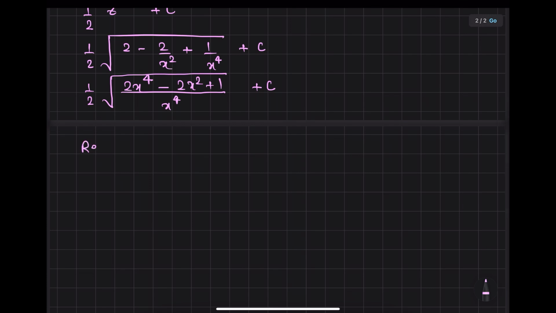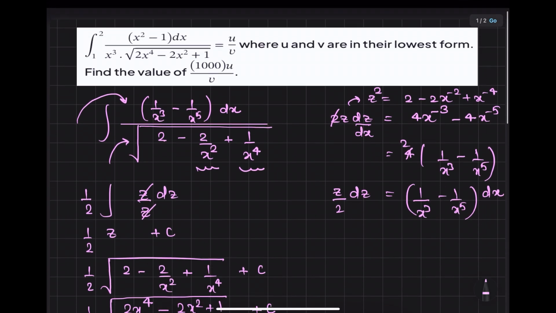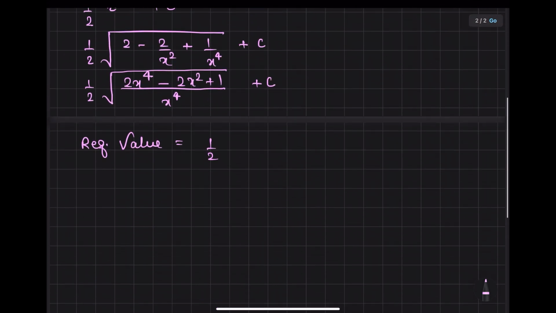So the required value is 1 by 2. The upper limit was 2, the lower limit is 1. So let's replace x with 2. So it is 2 power 4, 16, into 2, 32, minus 8, plus 1 by 16, plus integration constant c.